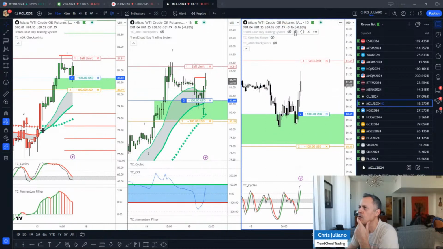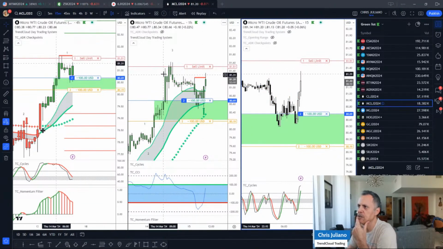Okay, so we're almost out. We're almost hitting that target, and I've got my target right at the top of that 1-hour, the body of that 1-hour candle there.